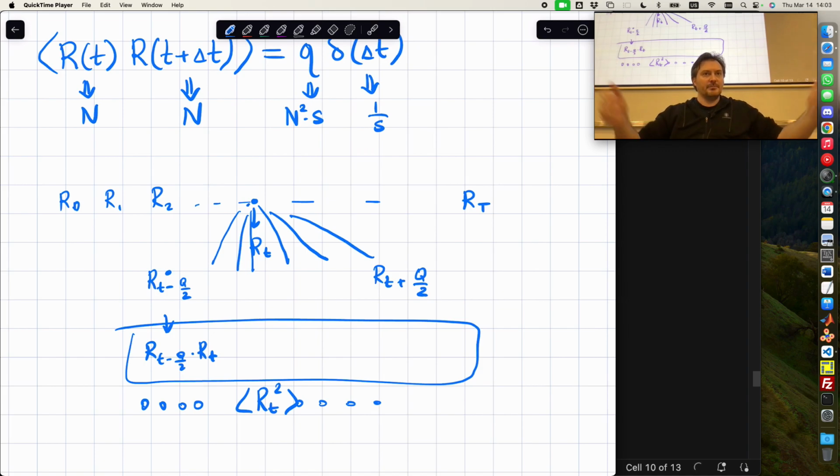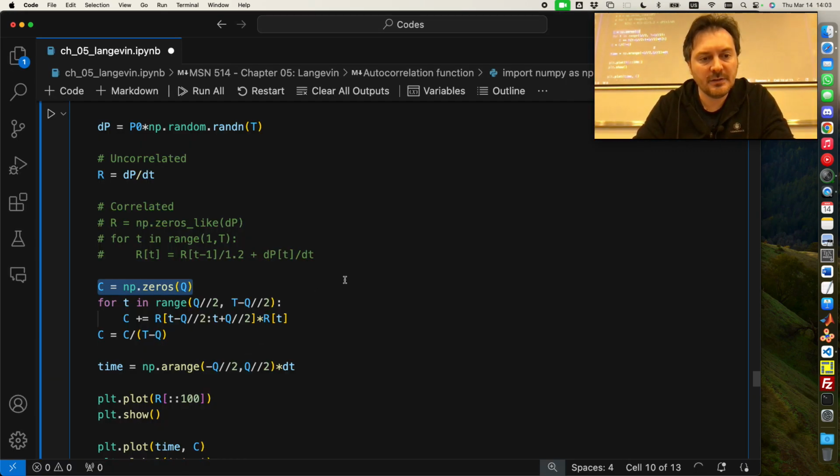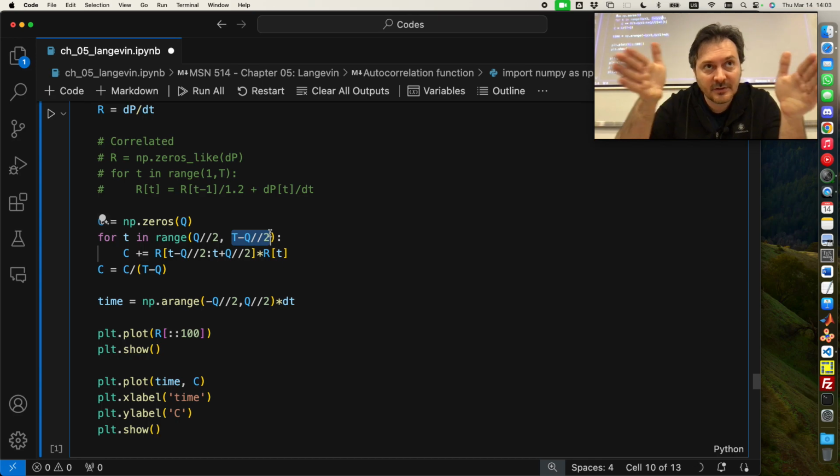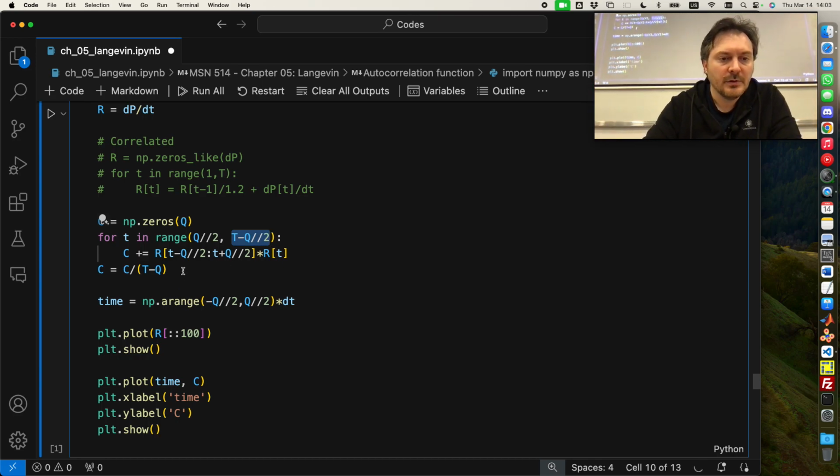The average is 0. So let me run this code. Do you want to see the code? Does it make sense now? I start from Q over 2 all the way to T minus Q over 2, and each time I have this window of Q.